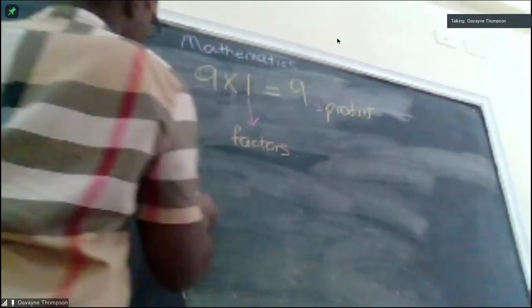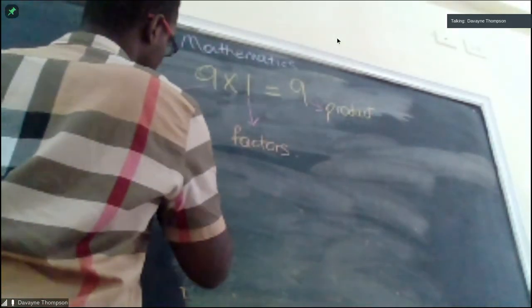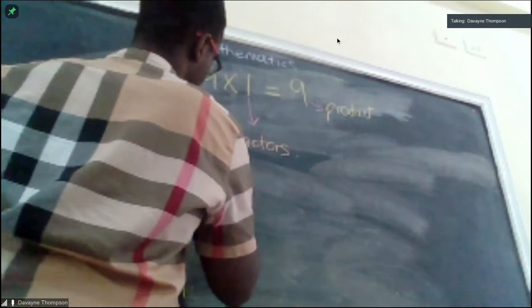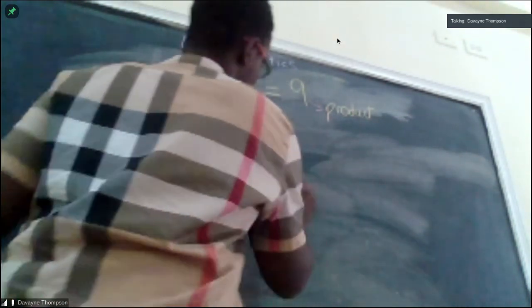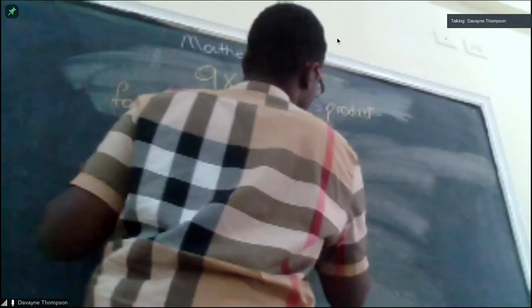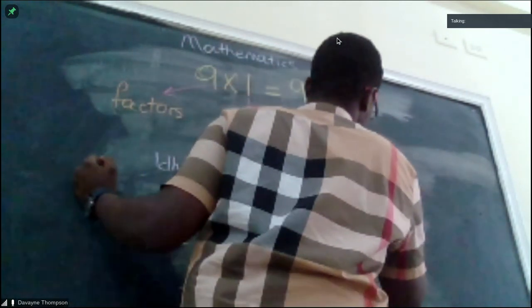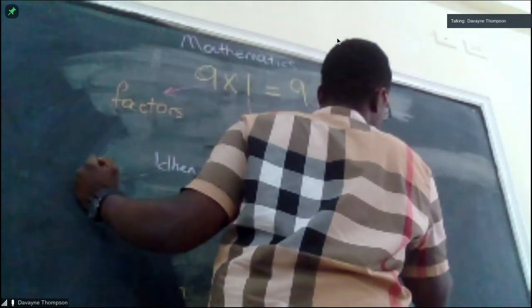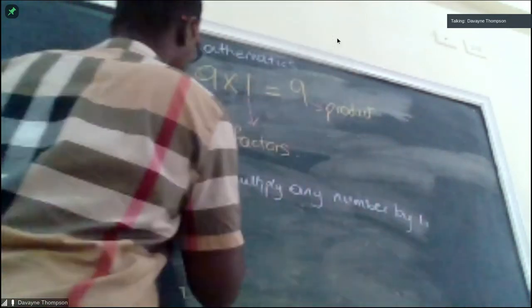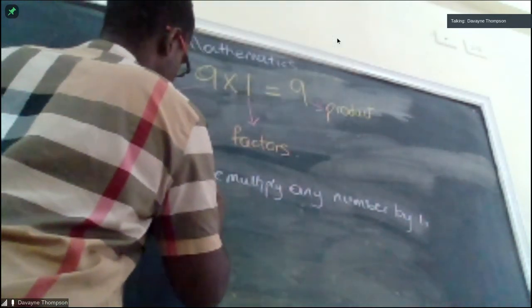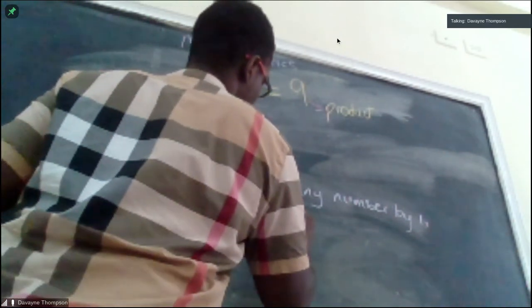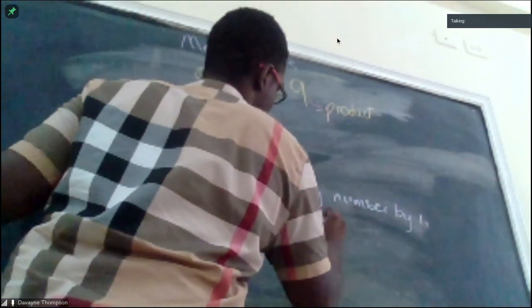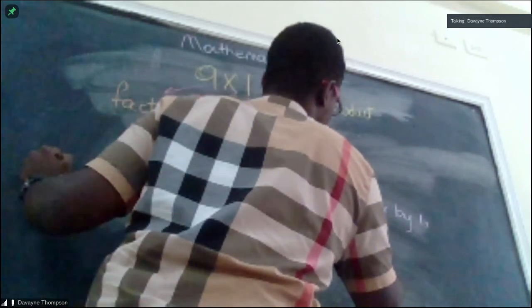So write it up for me. When we multiply any number by 1, the product remains unchanged.